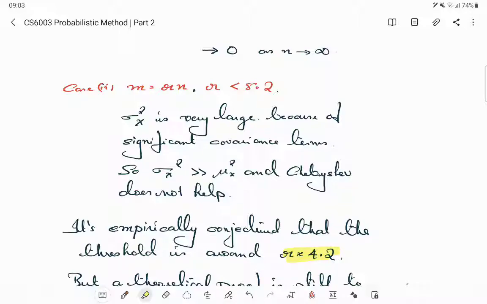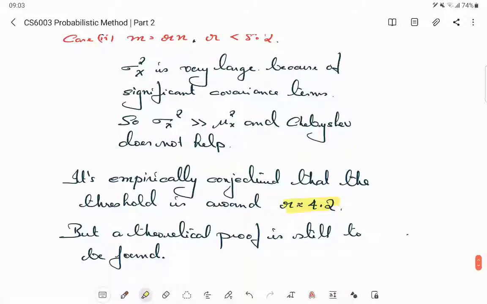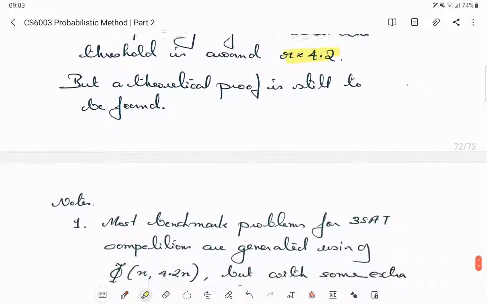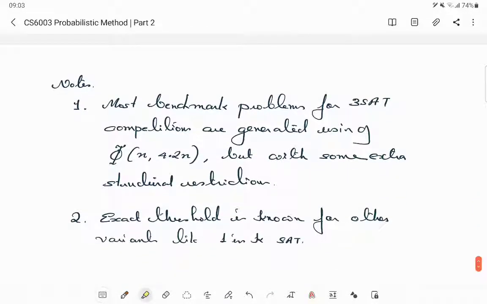So people believe that if you do such a random experiment with r less than 4.2, you get a formula that is almost surely satisfiable. If it's above 4.2, it's almost surely unsatisfiable, but it's still a big open question to theoretically prove this bound. Certain similar questions have been studied, like the exact threshold is known for a variant called 1-in-k SAT and so on.